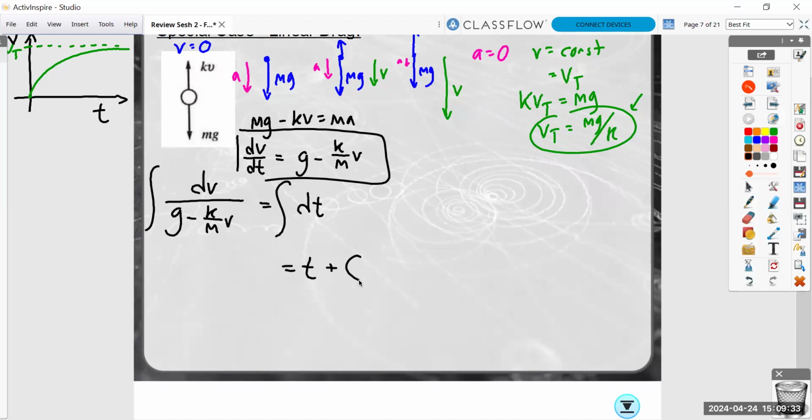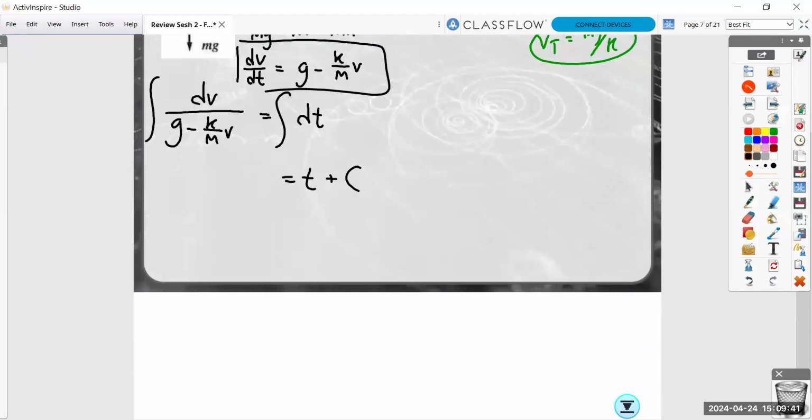Now I could do a proper u substitution, but instead we're going to play chain rule guess and check here. We're going to say, okay, what if it was ln of all this stuff? Is that good enough? Am I done? Well, if I take the derivative of that, I certainly get 1 over all of that stuff, right?